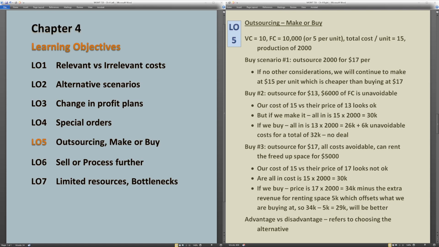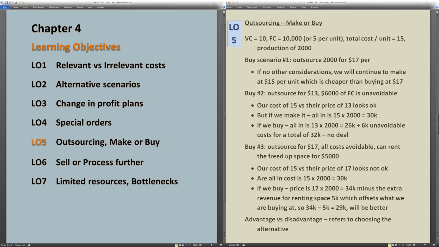And the fixed costs, sometimes we can assume that they're all avoidable, meaning the fixed costs all go away, or perhaps in this particular situation, we're only using part of the factory to make this. Even though we can avoid some costs, like certain machine maintenance or supervisors, perhaps we still have to pay the rent on the overall factory building because we're using it for other things.